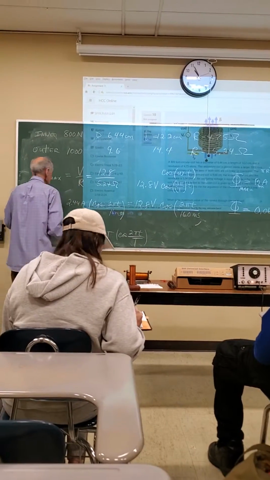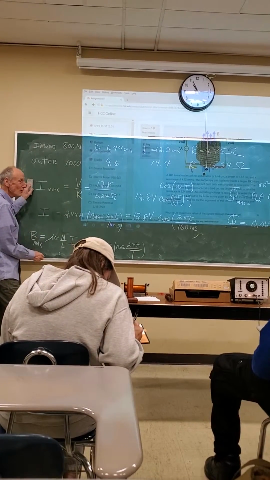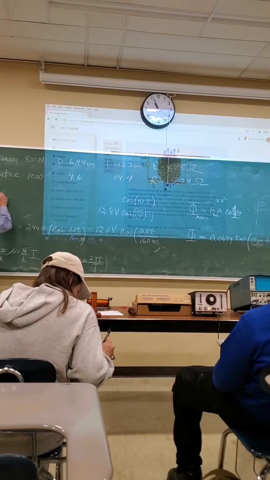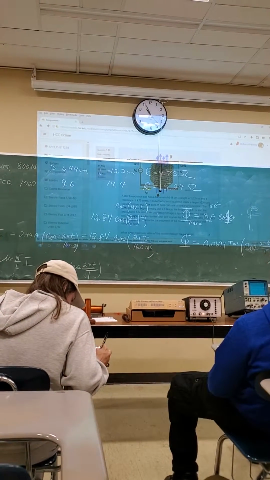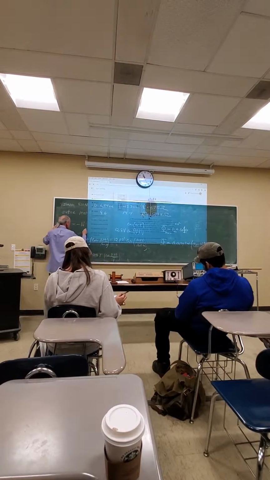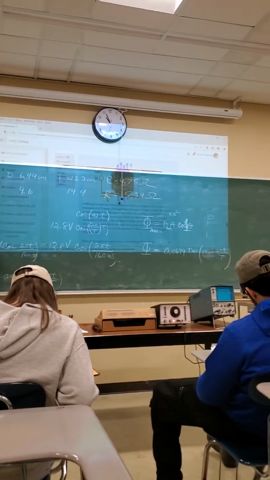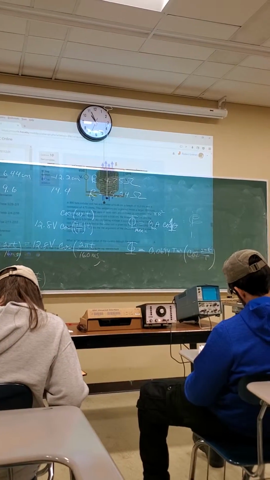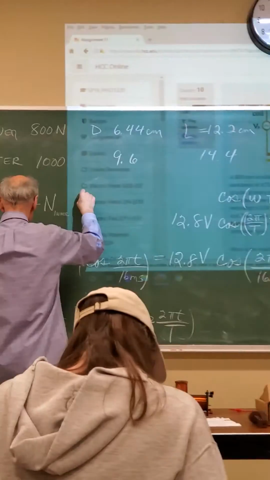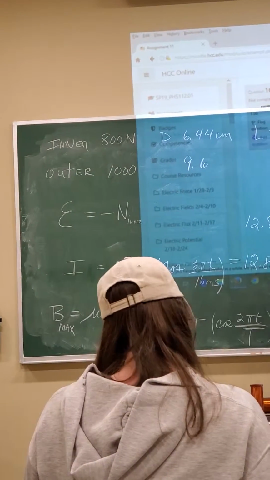Now that you've done all that, you can use Faraday's law to find out what the EMF on the other coil is going to be. So it's minus N, this is the inner coil, times... okay, there's one place you're going to derail.